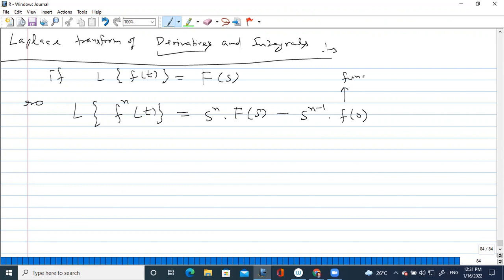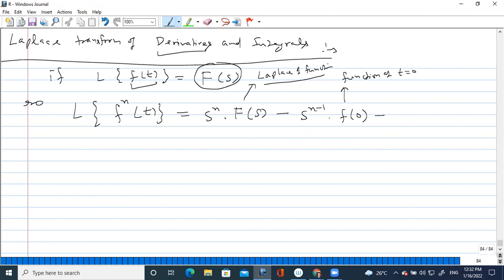This is your function at t equal to 0. And this is your Laplace of function. So don't be confused here. This capital F is Laplace of function, means from the answer I will take it. And this function I will just take directly. So you put here f(0).